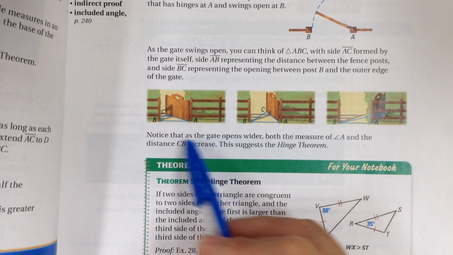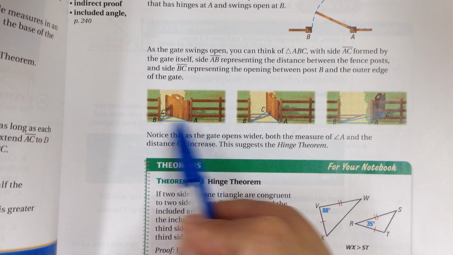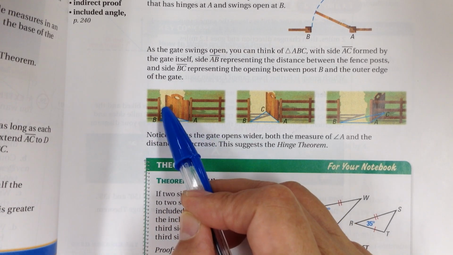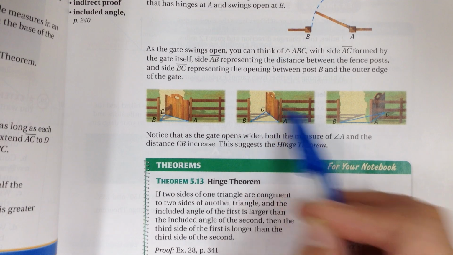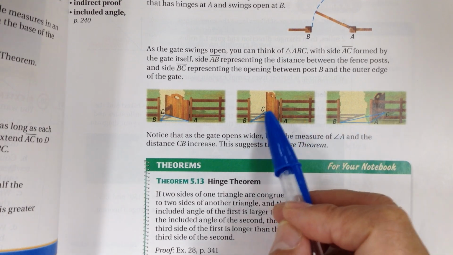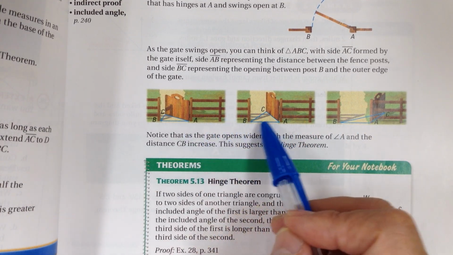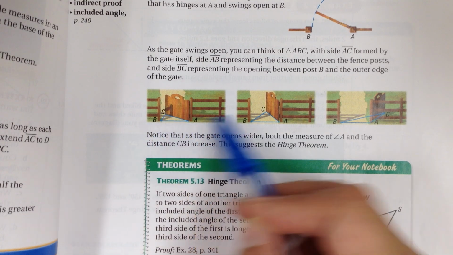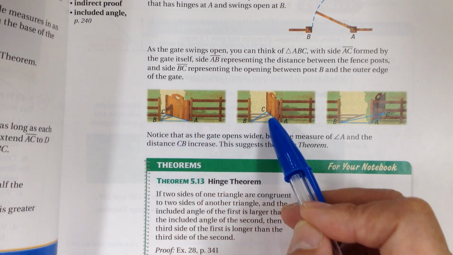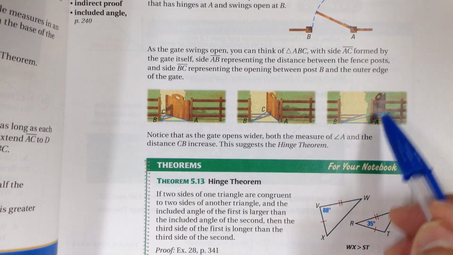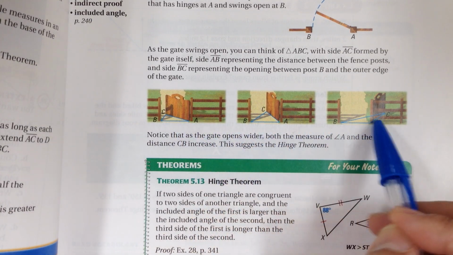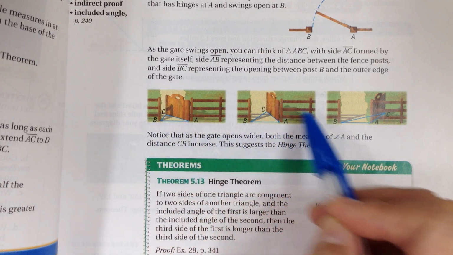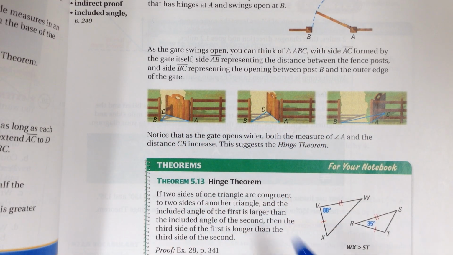You've got two sides fixed: AB is the opening and AC is the gate. So as the distance gets bigger, the angle gets bigger, and vice versa. If the angle gets bigger, then the length gets longer.